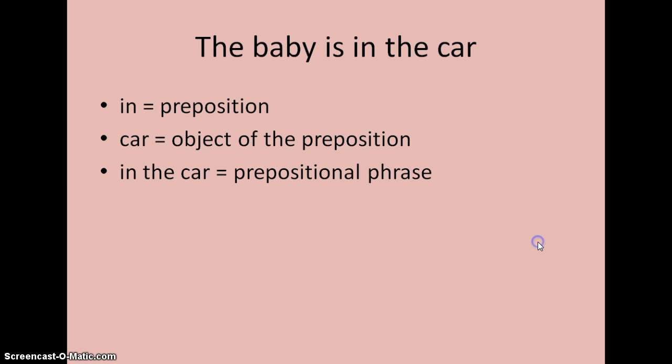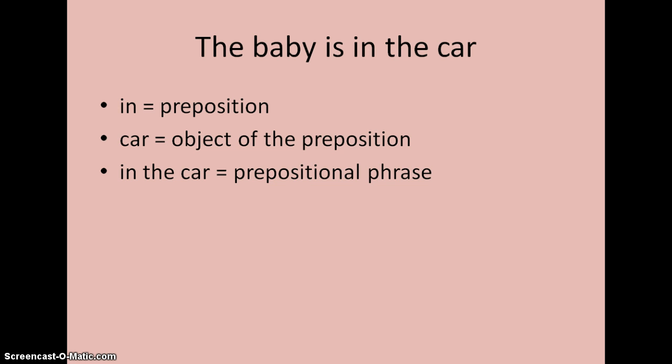Now let's look at one of our sentences. Let's look at the baby is in the car. We know that baby is a person, so that is a noun. Is, we've already described as a linking verb. We need to know how the baby is related to the car. And we know that that would be the baby is in the car.